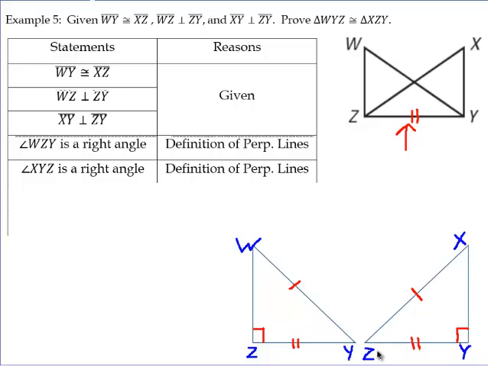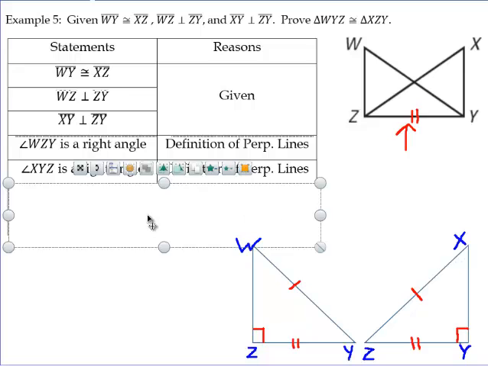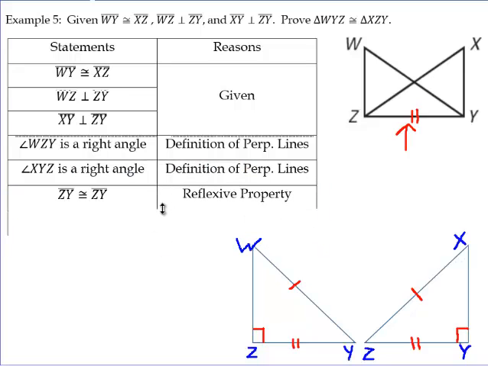The last thing we want to show is that ZY is congruent to itself. And we've done this in almost every other proof today. ZY is congruent to ZY by the reflexive property. Since we have the set of hypotenuses and the set of legs, we can use the hypotenuse leg congruence theorem.